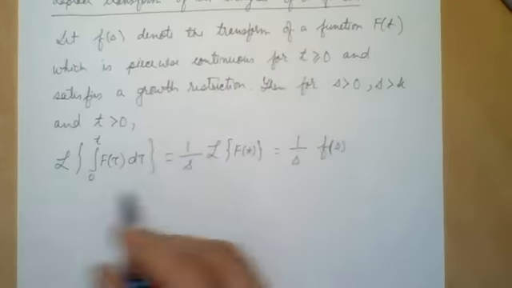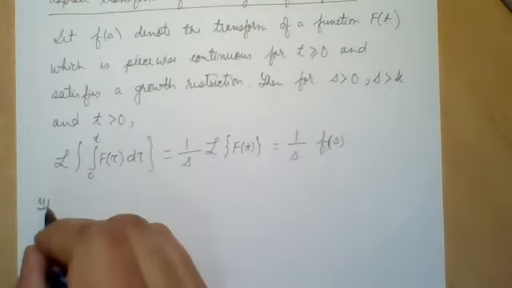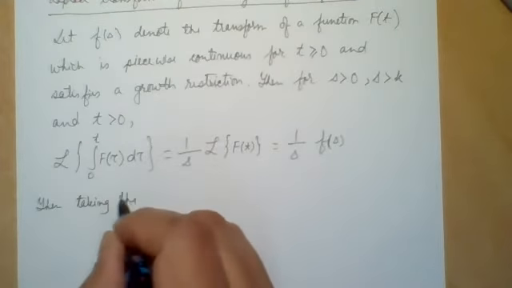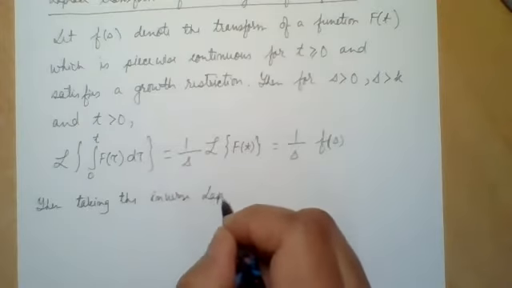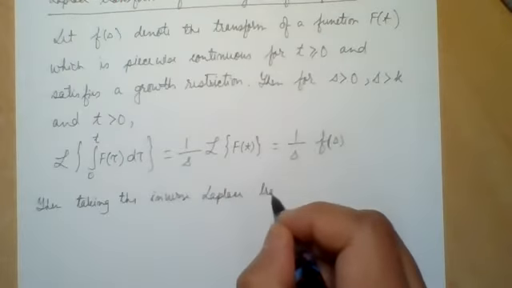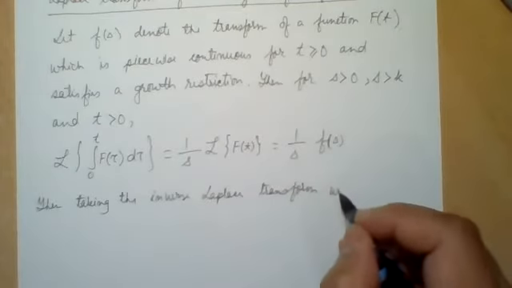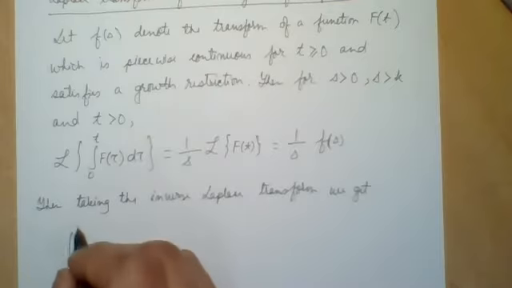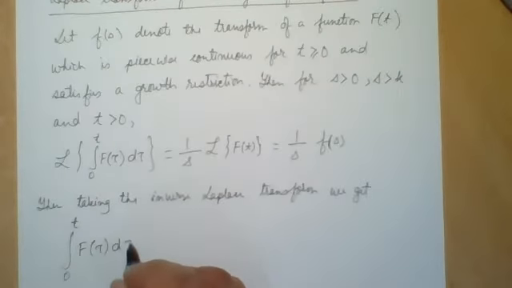Then if I take the inverse Laplace transform of both sides, what do we get? Taking the inverse Laplace transform, we get the integral from 0 to t of f(tau) d tau.